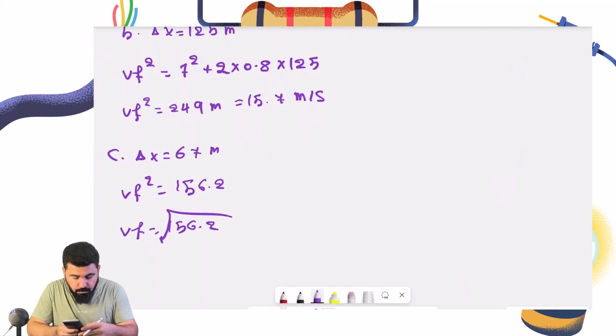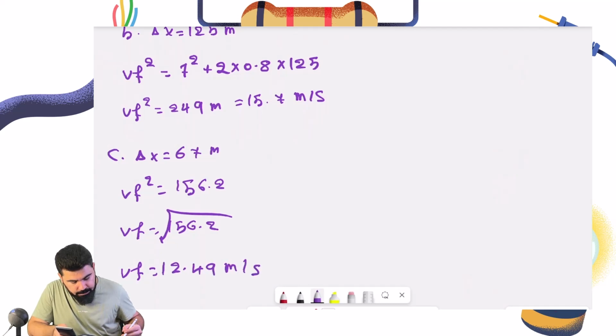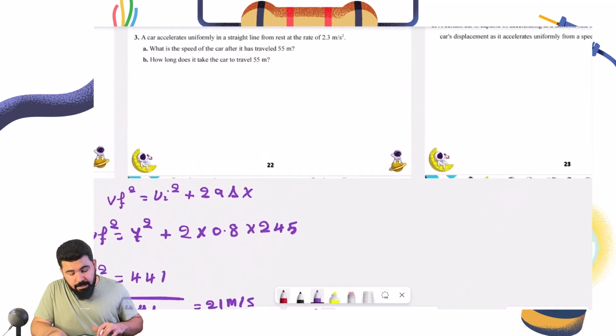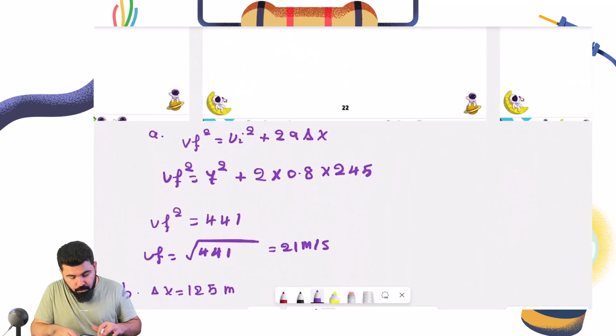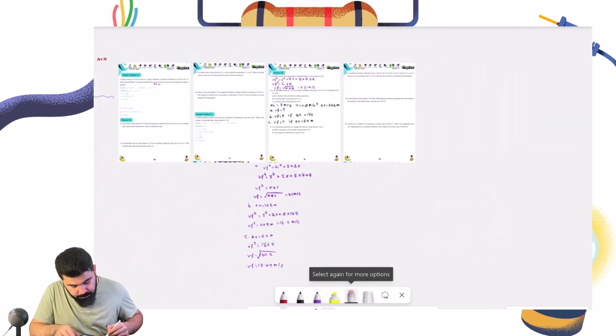Let's take the square root. We have V final, which is equal to 12.49 meters per second, or 12.5 meters per second if you round that up. That was question 2.